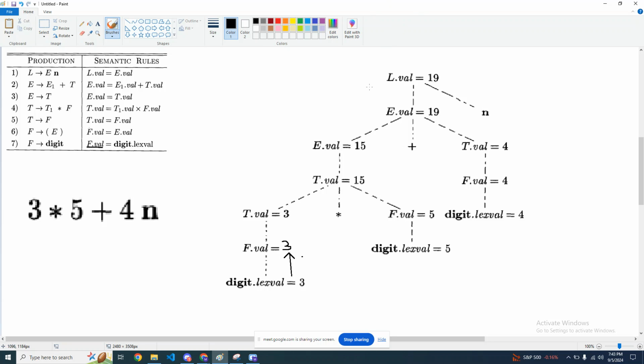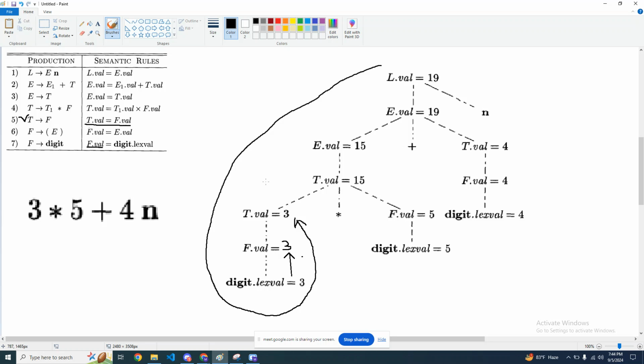Now, if you traverse again, the next node is this node, which is T produces F. The corresponding semantic rule associated with this production is T dot val equals F dot val.